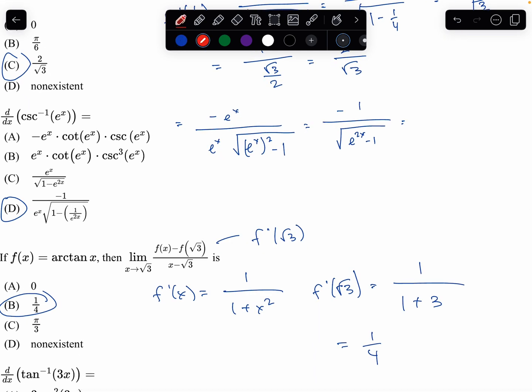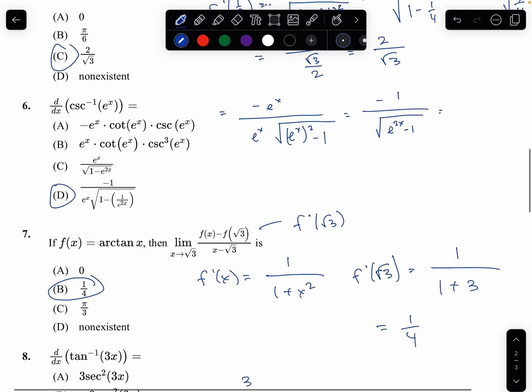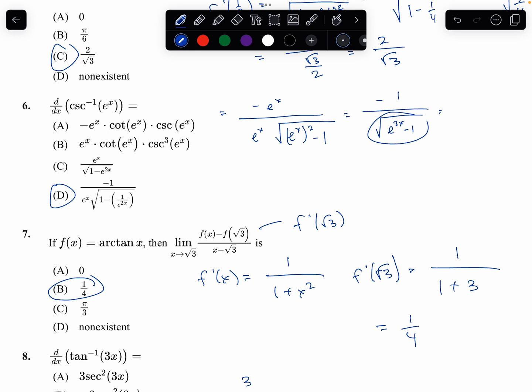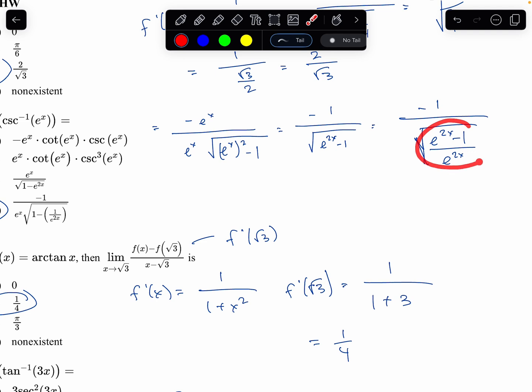So the way I'm thinking how they get that, but I'm missing the step in my thinking. If I had the expression like what I have in the numerator, negative 1 over the square root of e to the 2x minus 1, and all of this right here was divided by e to the 2x, because if I had this right here, no man, that's not working.